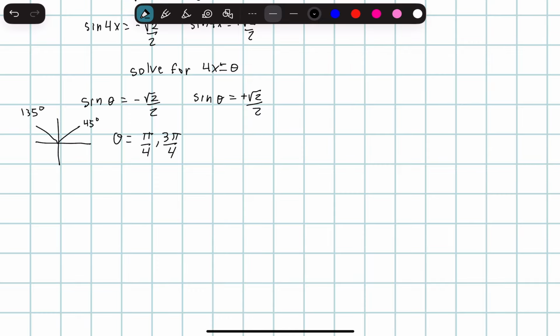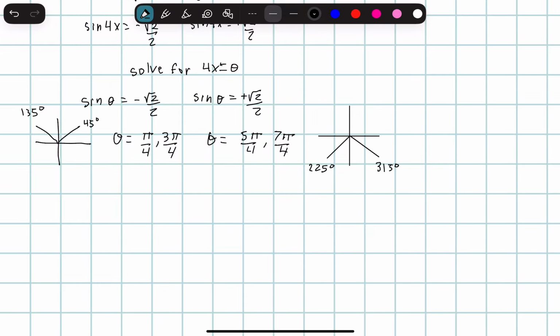Then here it's going to be 5 pi over 4, 7 pi over 4. 5 pi over 4 is 45 degrees times 5, which is 225 degrees, and 7 pi over 4 is 45 times 7, which is 315 degrees.